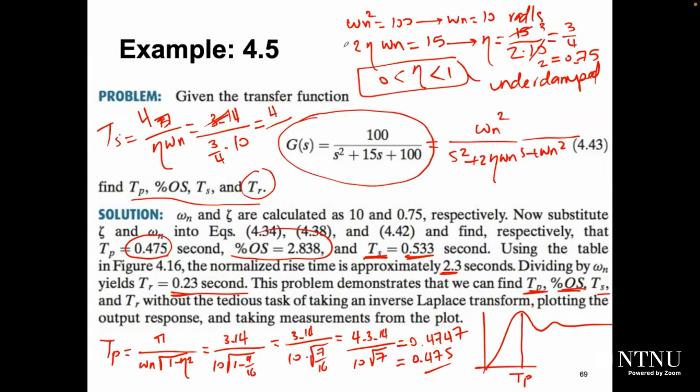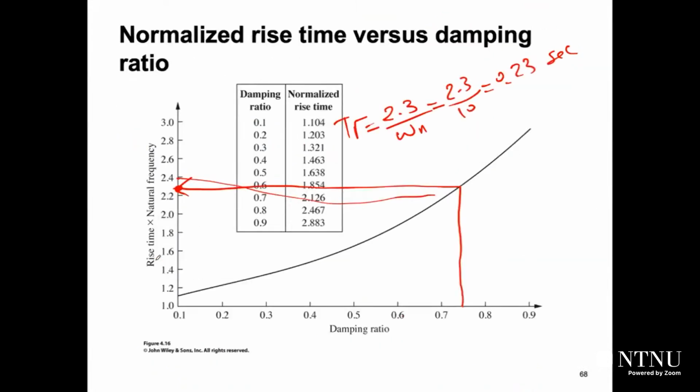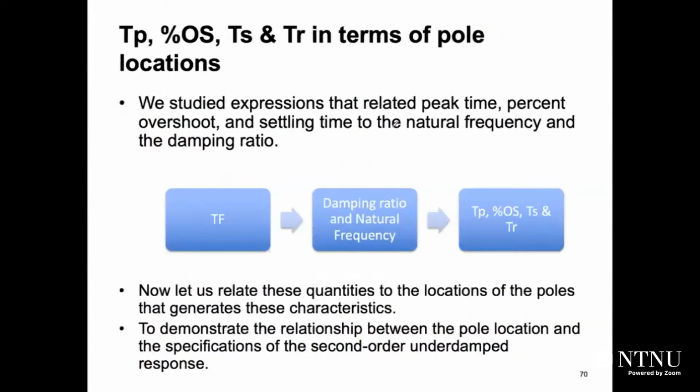Once you have zeta and omega n, you have formulas for peak time, percentage overshoot, and settling time, and rise time you get from the table or figure. We get the normalized rise time and divide it by the natural frequency to calculate the actual rise time.